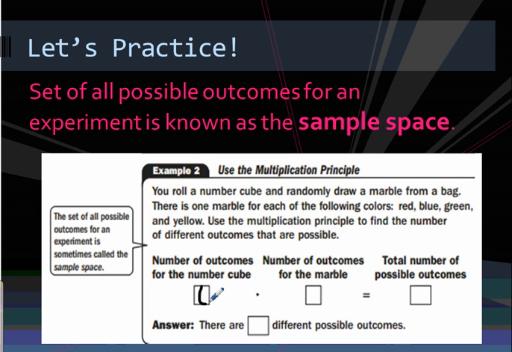That's right, we have 6 possible numbers. And then how many different types of marbles do we have? We have 4 different marbles. So our total number of possible outcomes is going to be 24. So there are 24 different possible outcomes. Make sure you pause as you need to again and write down your examples.